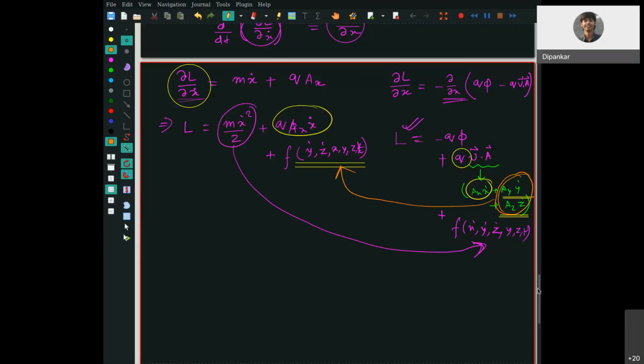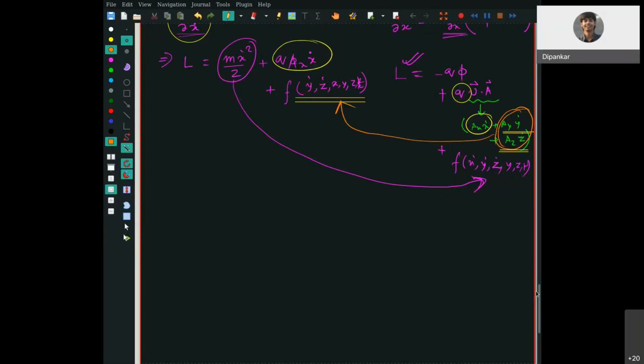After all said and done, if you do the similar exercise for y and z components, you will see that the minimal Lagrangian that will satisfy all these derivatives would be half m (x dot square plus y dot square plus z dot square), that is basically your kinetic energy, minus q phi, because here was this q phi, plus q v dot A. That is the Lagrangian that satisfies all the things.